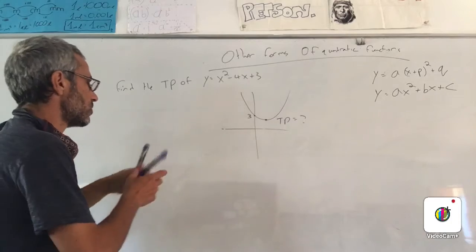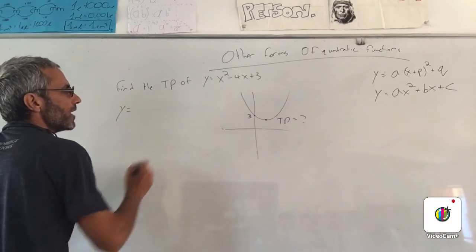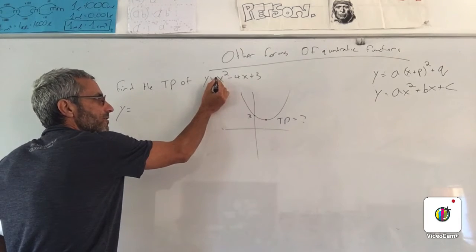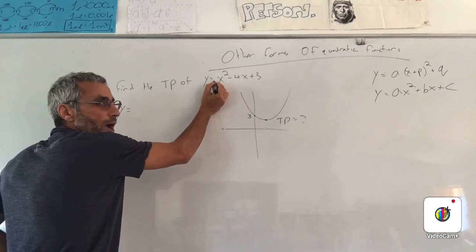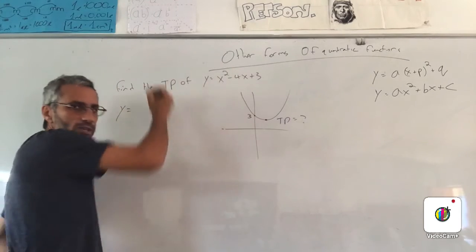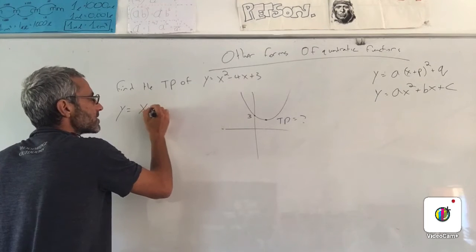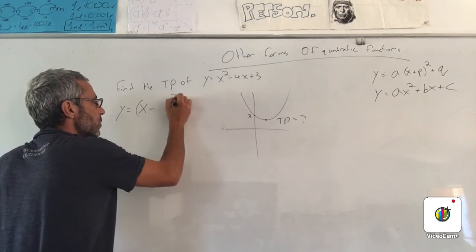I'll remind you how to do that. You can go straight away only if you have a 1 in front of the x squared. If you don't, we'll look at another example later, you just have to factorize it first. But when that's the case, it will be x minus something, squared.